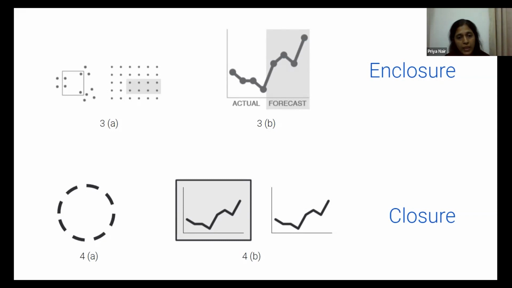And then in 4B, similarly, if you look at it as a graph, it has those graphic tools which provide those borders and the background color. But if you look at the figure on the right, even without those borders and background color, you will still feel that graph as a cohesive entity, as one single entity. So you just get rid of those borders and background colors and your graph still stands out. Your data will stand out if you use this principle.